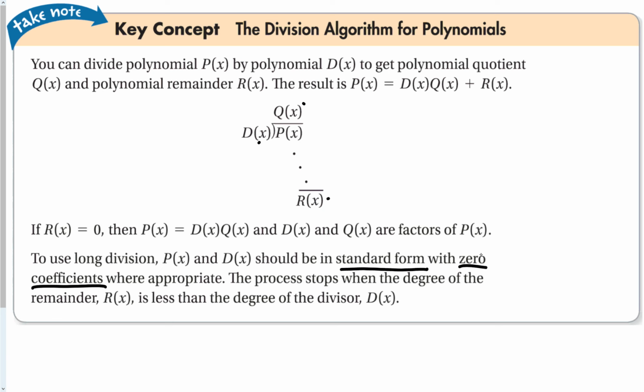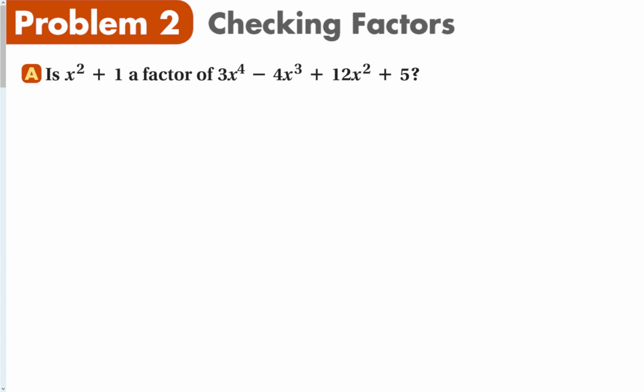Now this point right here, 0 coefficients. This is very, very important. That means if a degree skips in the problem, you need to put in a 0 for that term. What do I mean by that? Just like this. Is x squared plus 1 a factor of this polynomial?